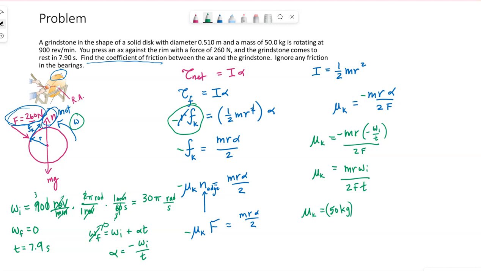The radius of this disk is half of the diameter. Omega initial, this has to be in radians per second. That's why I have already converted it. The force of the axe pushing inwards, 260 newtons. And the time is 7.9 seconds.